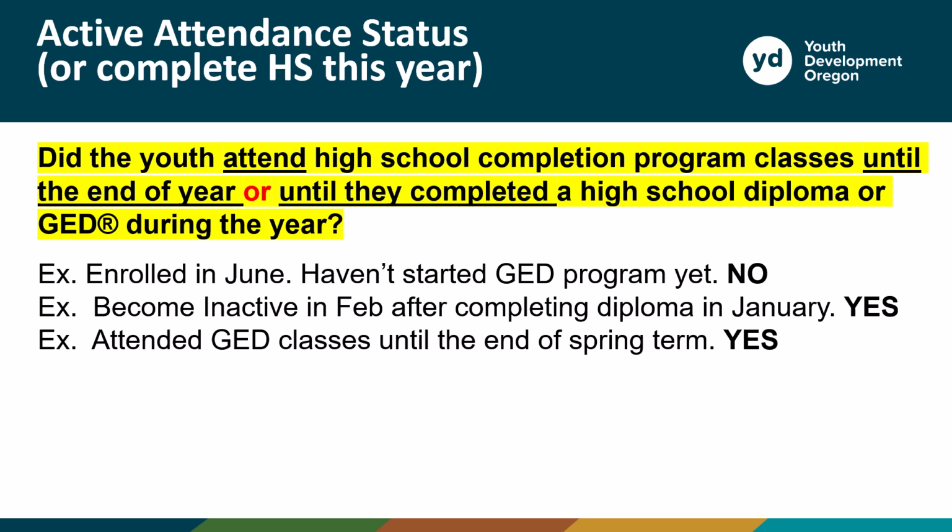So, because they completed a high school diploma during this year, then that would be a yes on active attendance status. Third example on your screen is that you have an individual youth that you know is attending their GED classes all the way through the end of spring term. And so then for active attendance status, that would be a yes. Okay, we're going to move on.